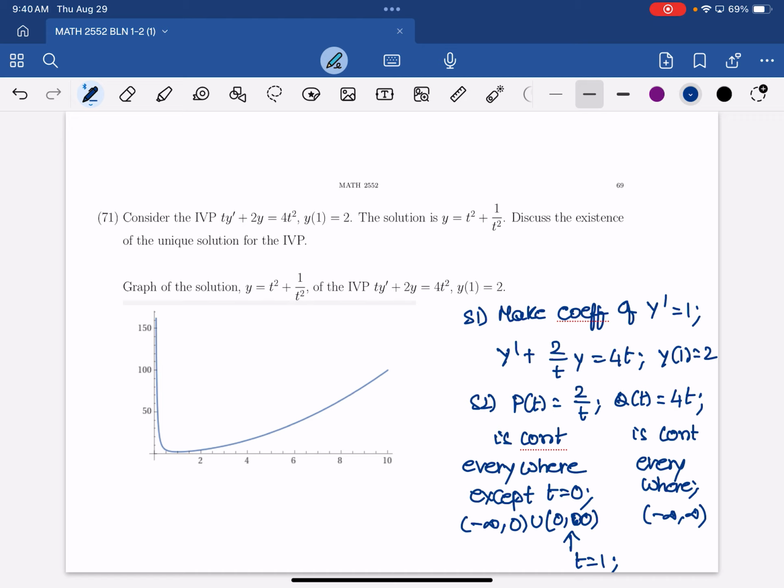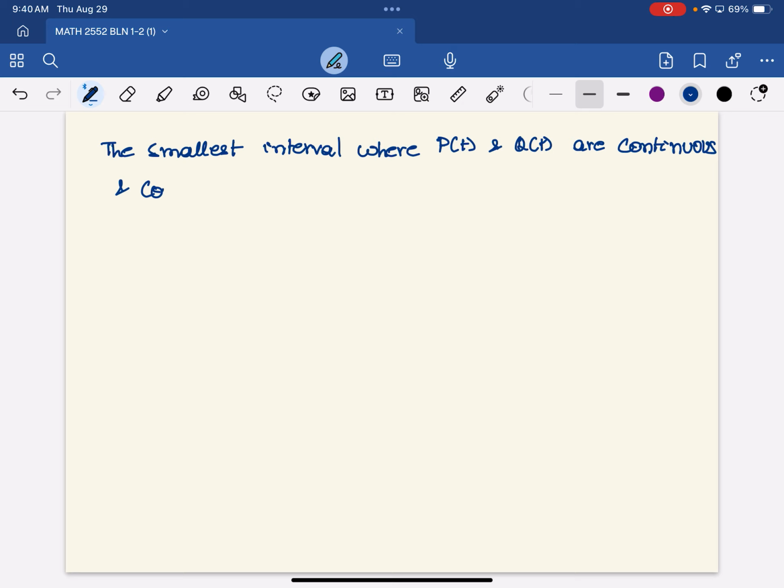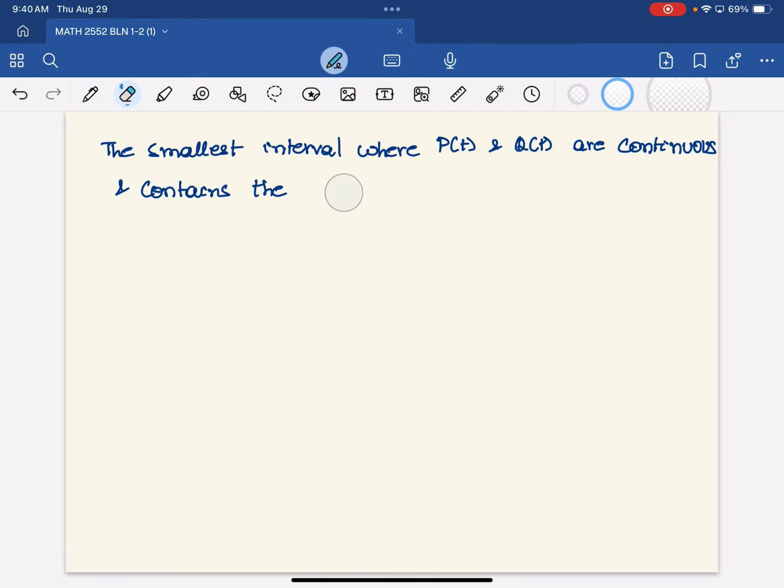So the interval of existence is the smallest interval where the functions p and q are continuous and contains the initial value, y of 1 is 2.